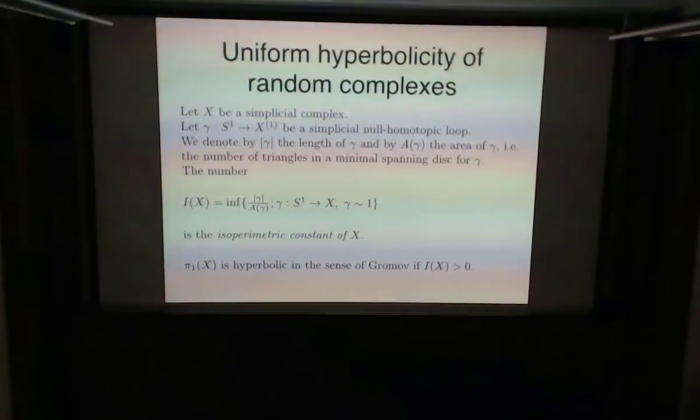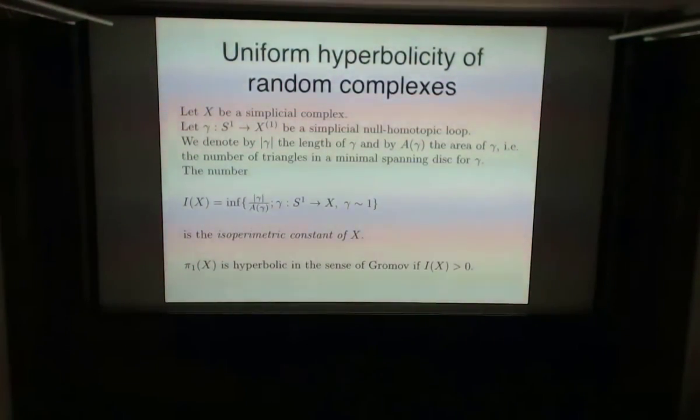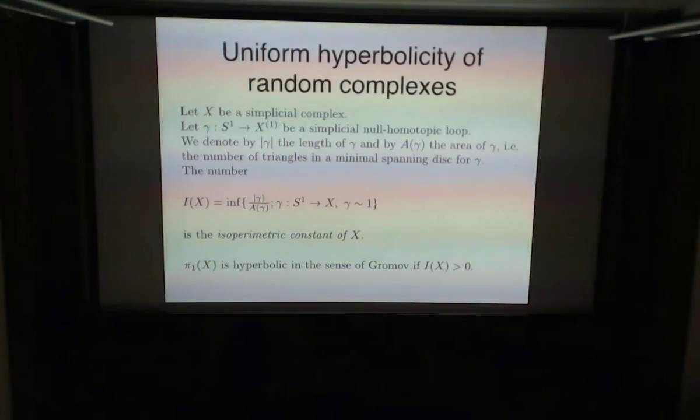It's the number of edges in the subdivision of the circle. And A of gamma is the area of gamma, the number of triangles in the minimal spanning disk for gamma. So let me explain.